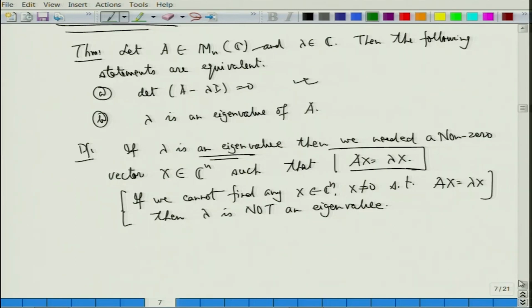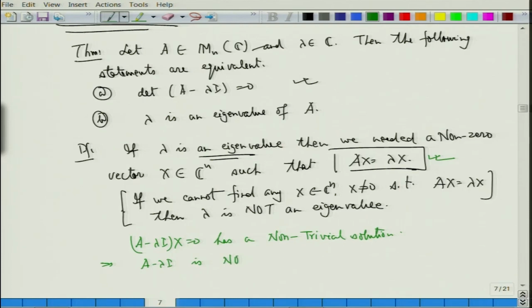Assume that B is true, which means Ax equal to lambda x holds. So x is a non-zero solution, and therefore (A minus lambda I) of x is equal to 0 has a non-trivial solution, which implies that A minus lambda I is not invertible.